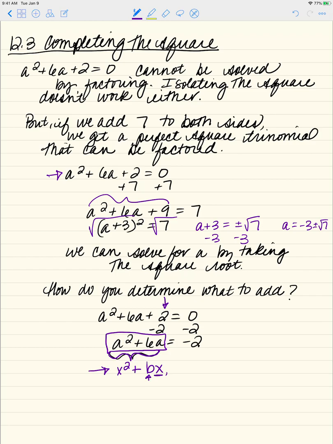So here is the coefficient of x. So we say x squared plus bx plus b over 2 squared, okay? So to determine what to add, we take b, divide it by 2, and square it. And that is what we are going to add to complete the square.